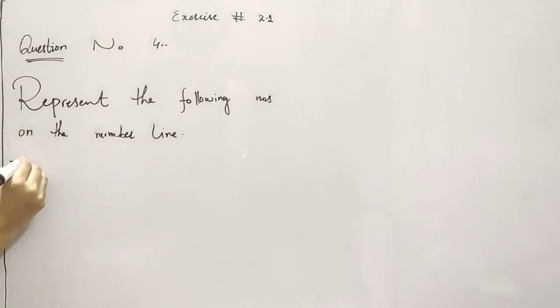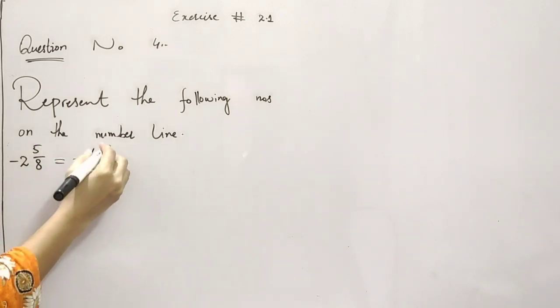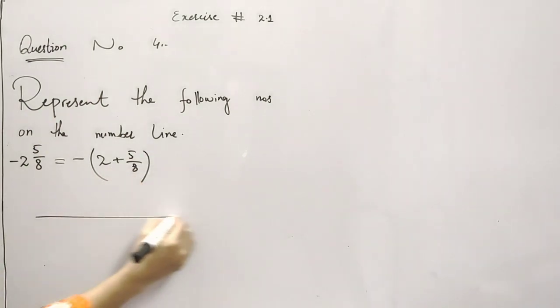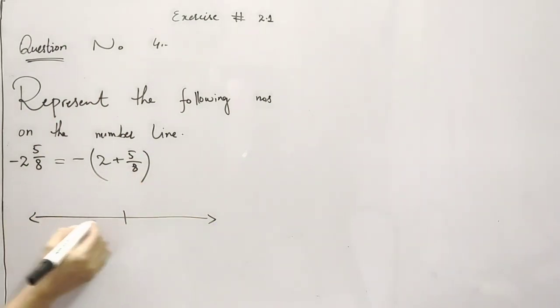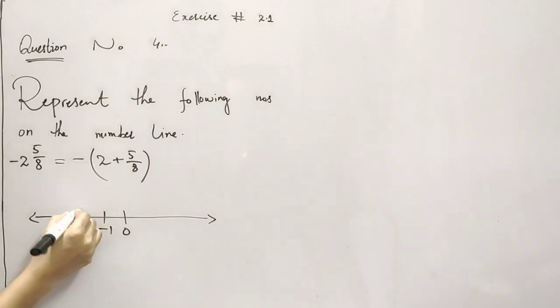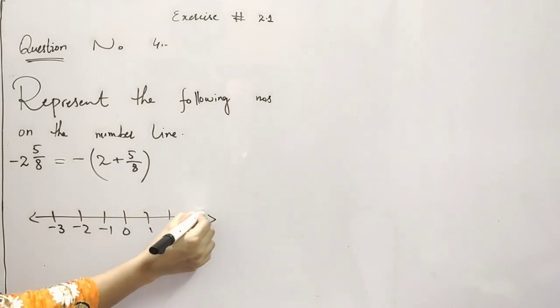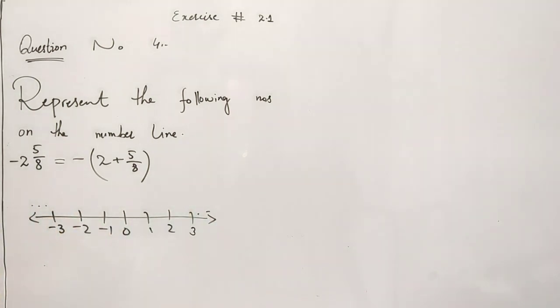Now the next part is minus 2 whole 5 by 8. It will be equal to minus 2 whole 5 by 8, take minus common, 2 plus 5 by 8. Okay, minus 1, minus 2, minus 3, 1, 2 and 3 and so on.